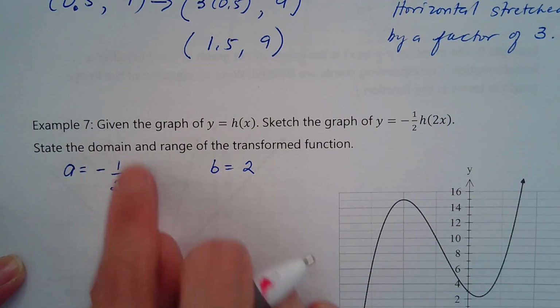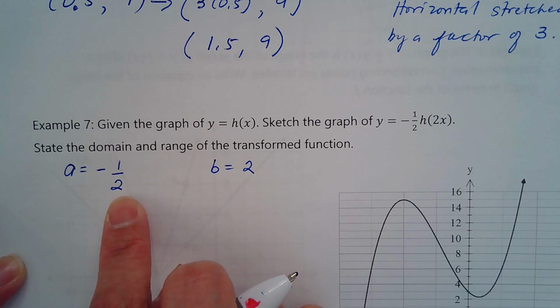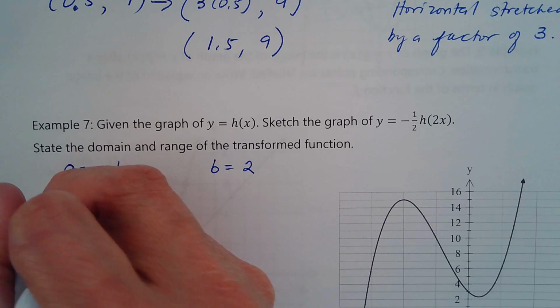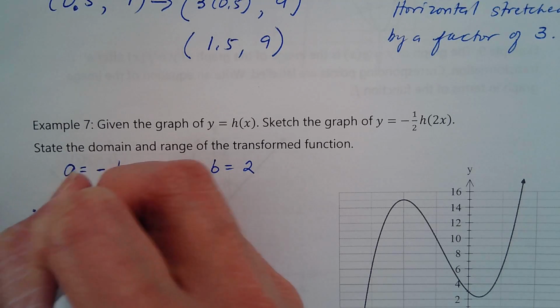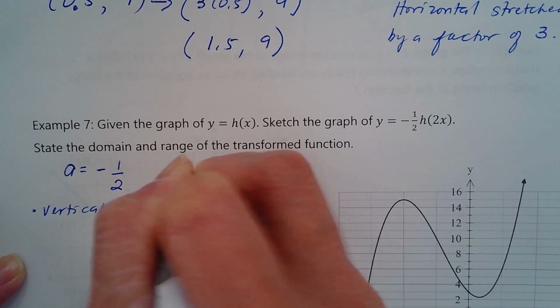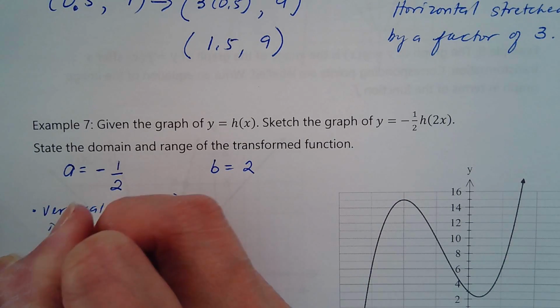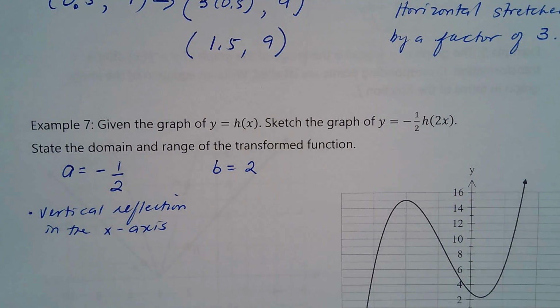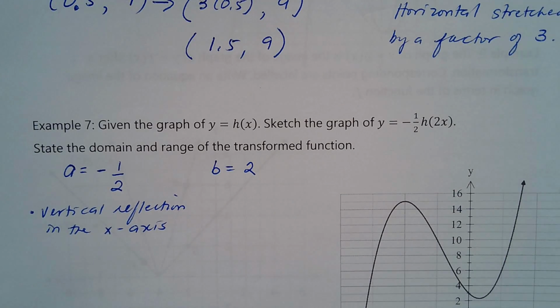So what does that say? The negative tells us a vertical reflection in the x-axis, so it's like flipped down.